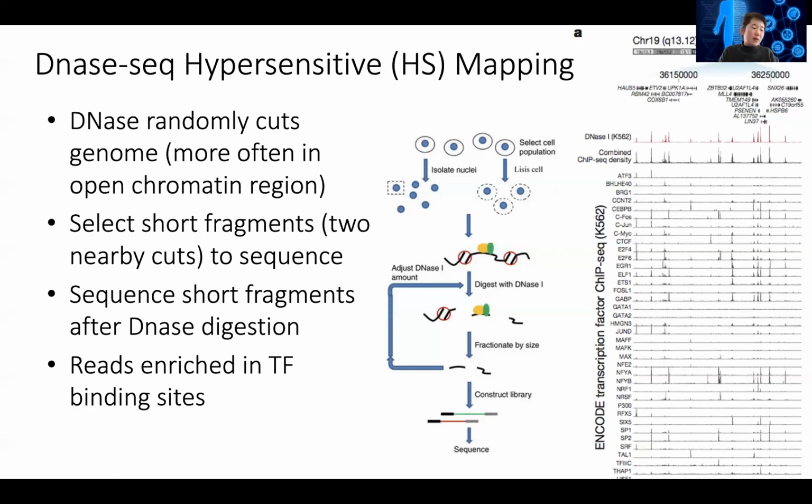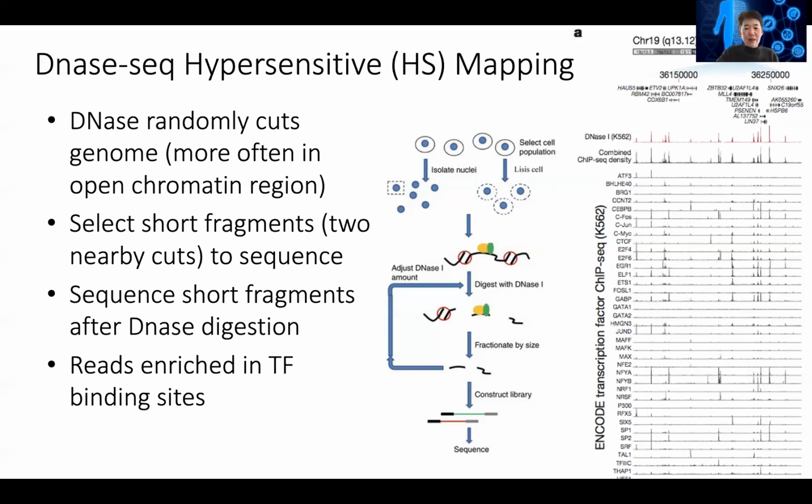And so after the DNase digestion, we run them through a gel or size selection and only select the short fragments that are, say, less than 300 base pairs, and then do high throughput sequencing, or maybe between 50 and 300, because you don't want to sequence the single nucleotide sequence.